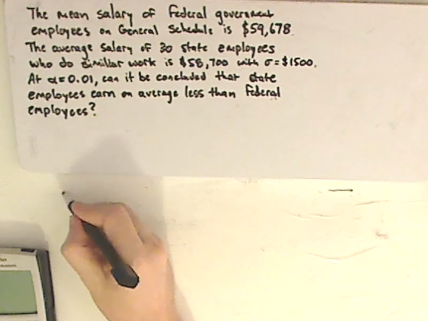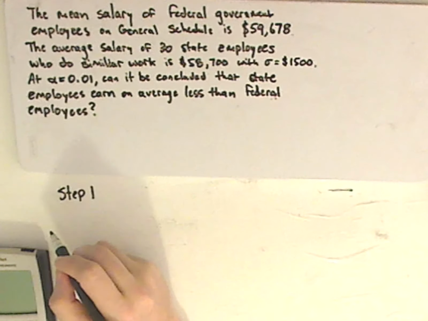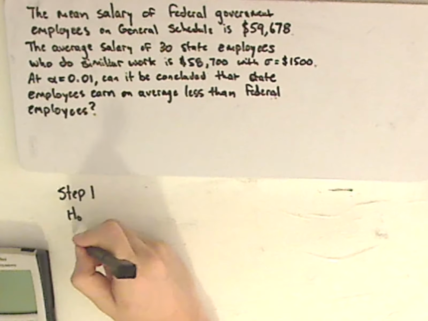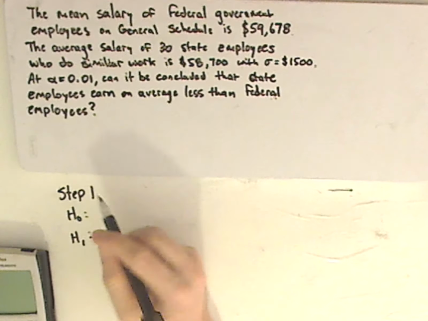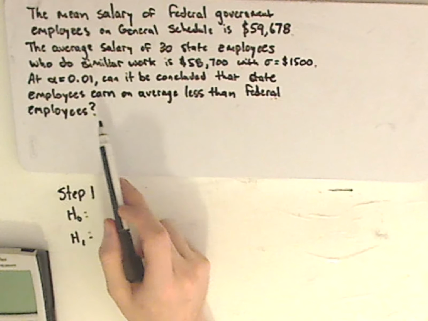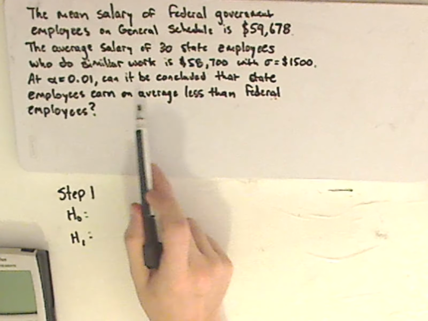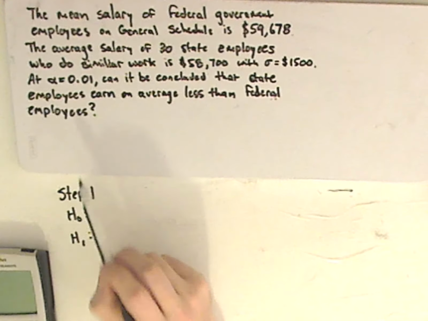Alright, step number one is you want to state your hypothesis. So you have your null hypothesis, and then you have your alternative hypothesis. Look at what the researcher is trying to claim. Can it be concluded that state employees earn on average less than federal employees?